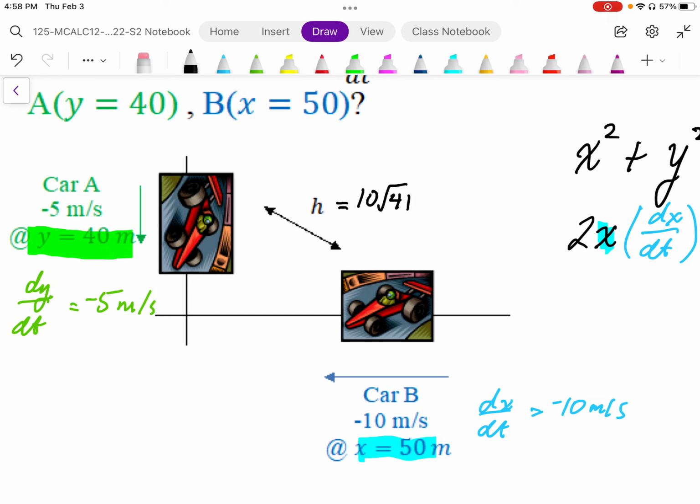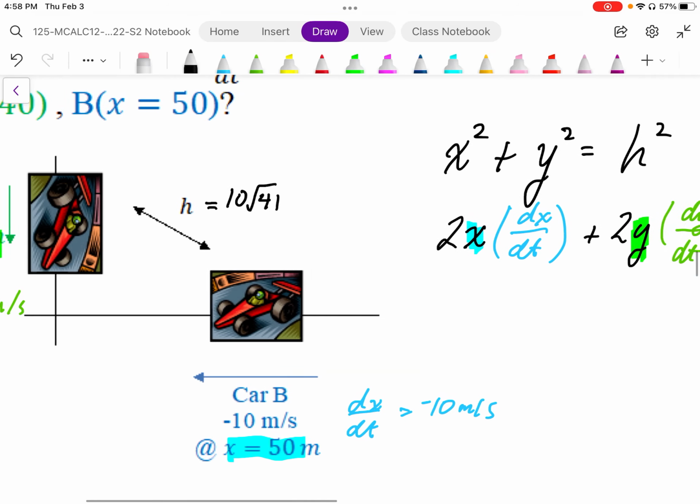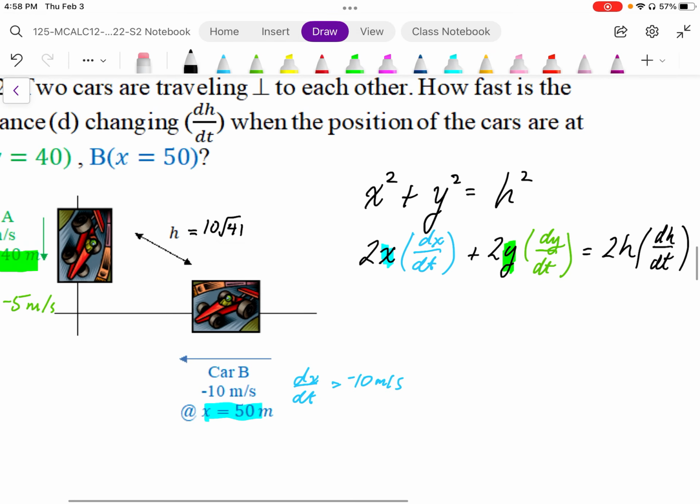So I get 10 root 41. Okay, so basically we're just going to use Pythagoras to work out that value. You can work out the decimal value if you like. However, it's probably nicer to use these exact values. So do I have h? Yeah, I have h now. Okay, I have the value of h. So that means that I have h here.